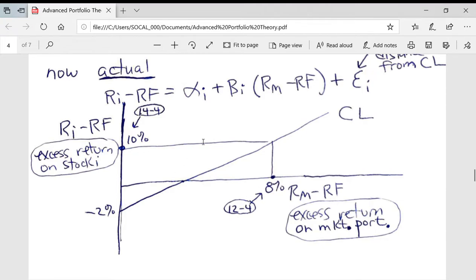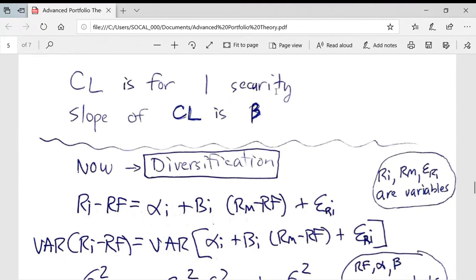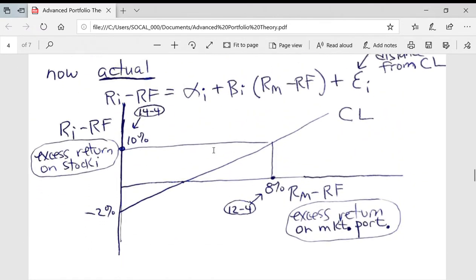Okay, now let's look at this characteristic line. First of all, a characteristic line is for one security, and the slope of the characteristic line is the beta of the stock. Here on the vertical axis we have the excess return on stock I, which is the return on stock I minus the risk-free rate, and on the horizontal axis we have the excess return on the market, which is the market return minus the risk-free rate.